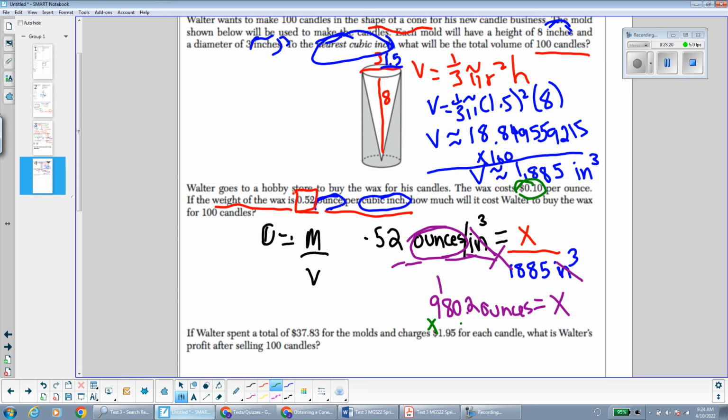So I'm just going to take the weight and multiply by the cost. So let me multiply that by 10 cents. And I get $98.02. Remember, you're finding costs, so your answer should look like money, dollar sign, and a decimal sign, $98.02.